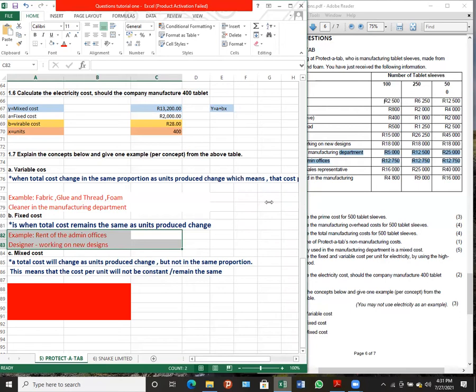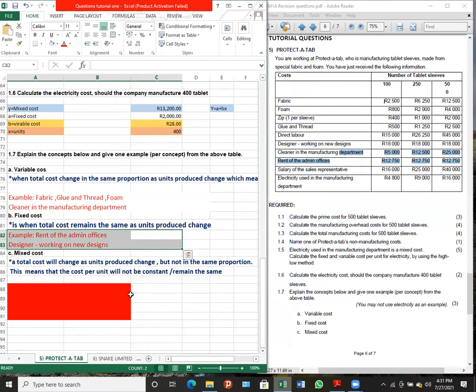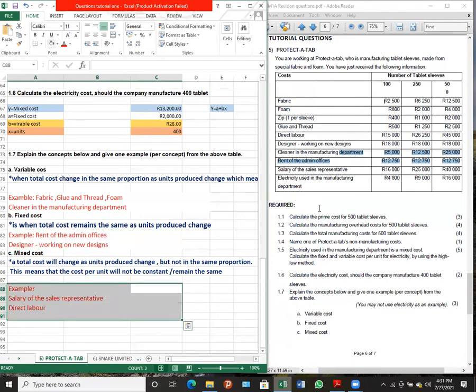You can prove it, guys. Let me show you an example of a mixed cost. They said you may give an example, but you may not give electricity, because electricity we have calculated with the high and low method, which we use for a mixed cost.